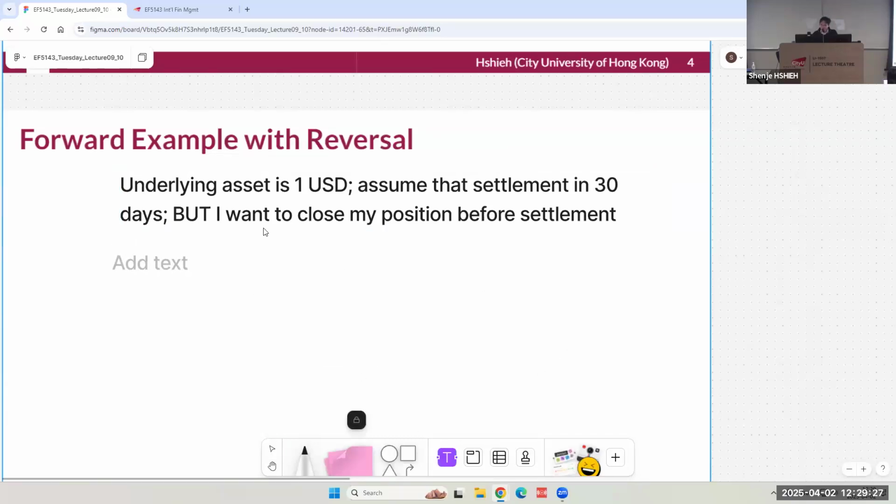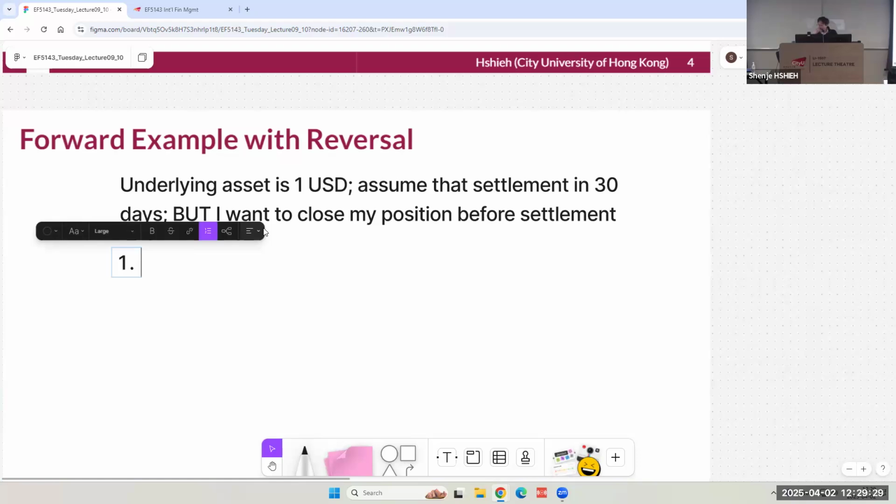So these are the steps I'm going to take to ensure that I don't actually have to receive or deliver anything.